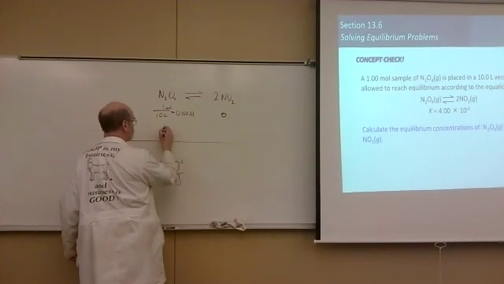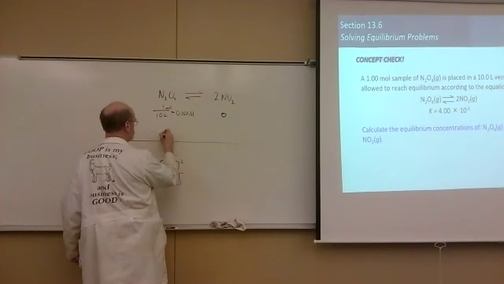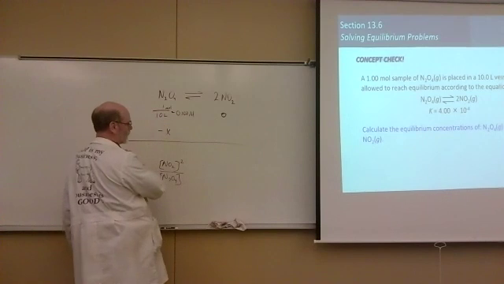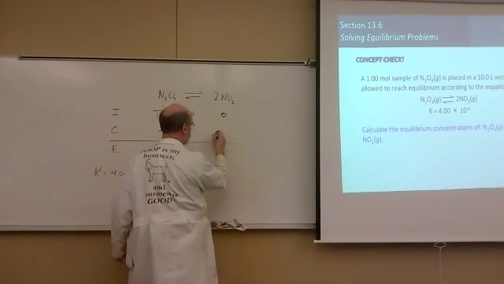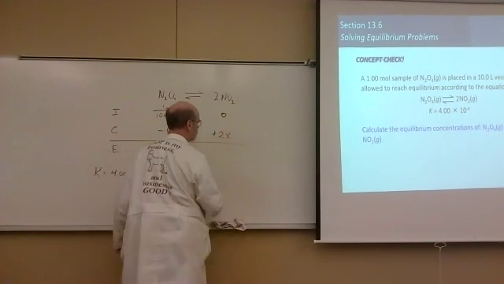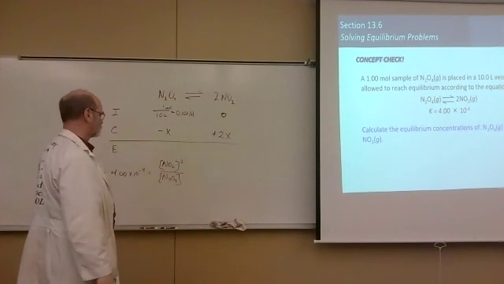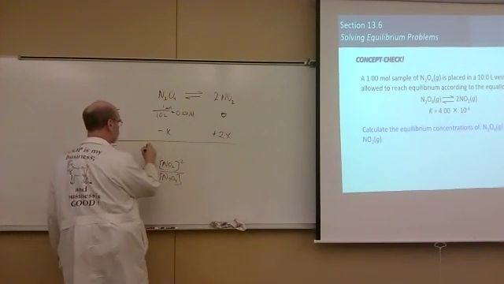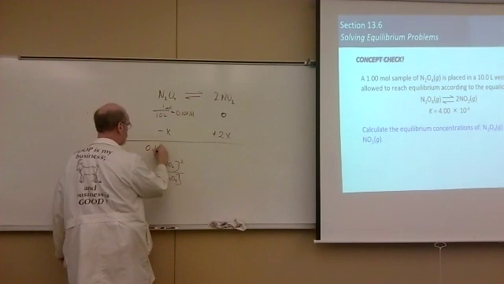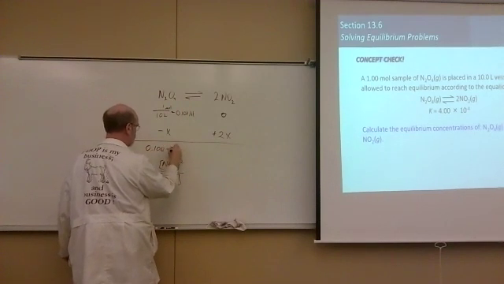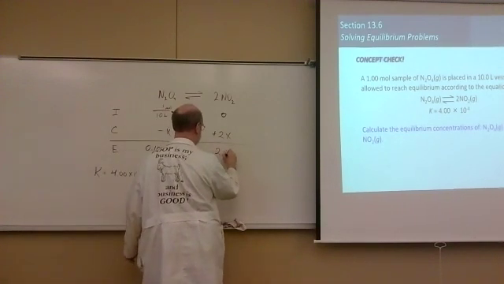So I would say let this one be, change is you're going to lose some of that one. It's going to show up over here, twice the amount. So that means this one is 0.1 minus X, and this one is still 2X.